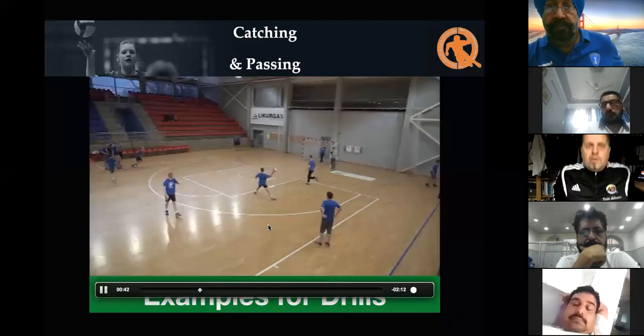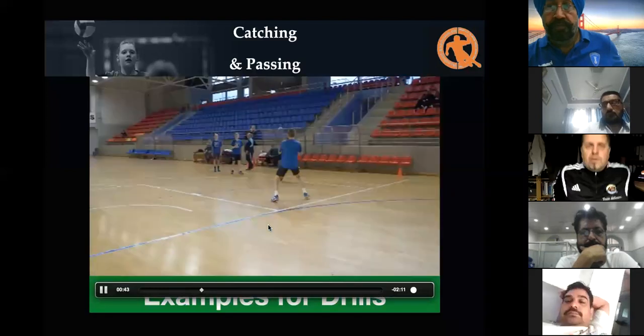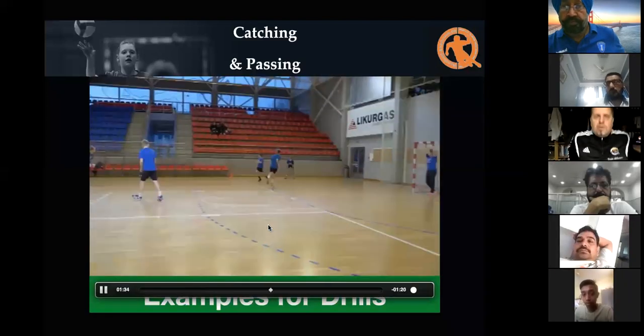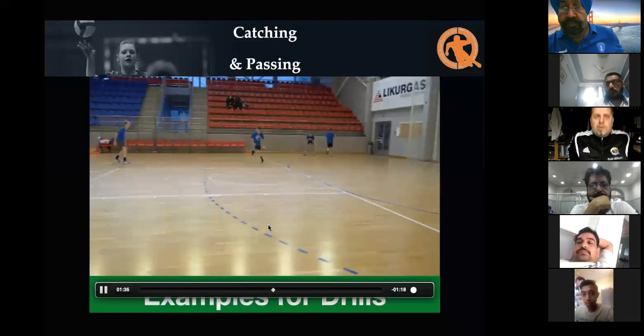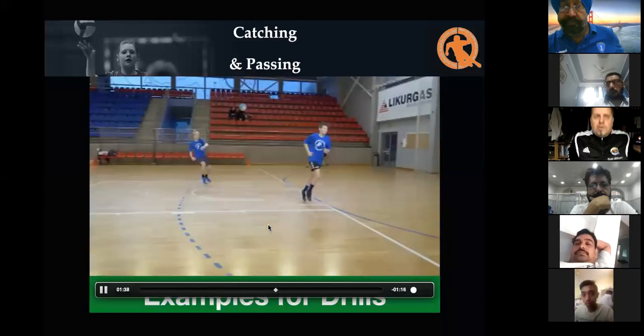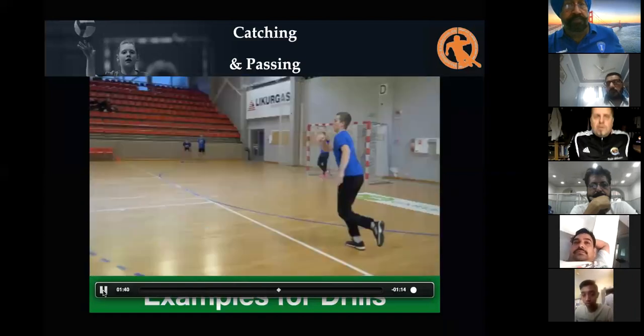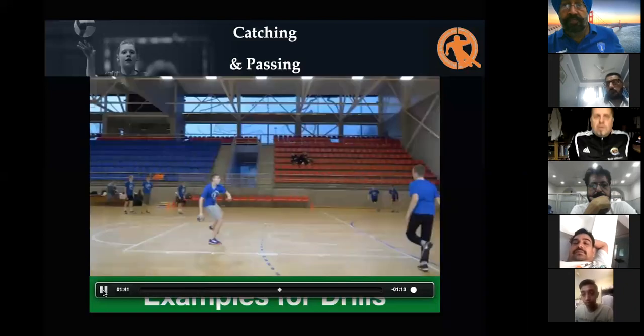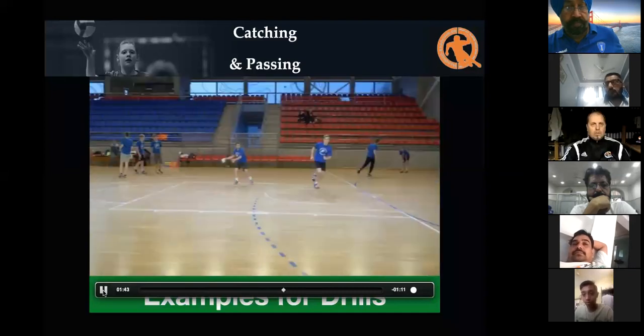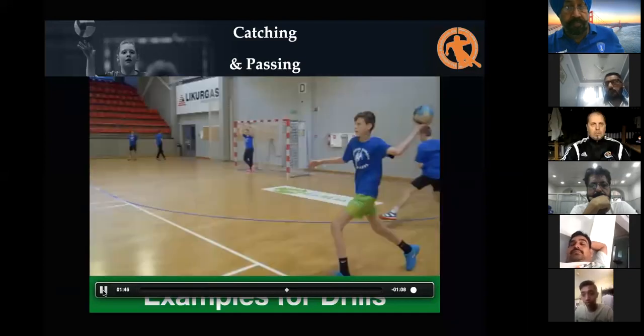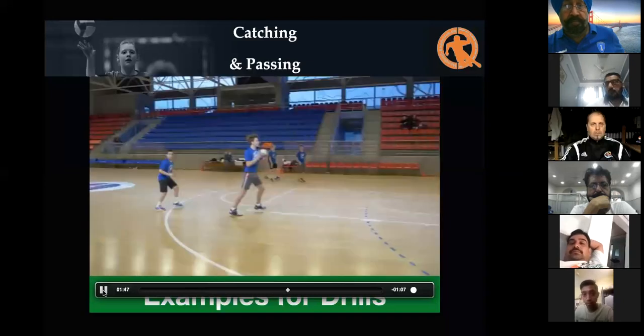So one variation is, for instance, long distance pass now from backcourt to opposite wing. So right wing and left wing coming in, but now right back giving long distance pass to left wing, and left wing just the other way around.